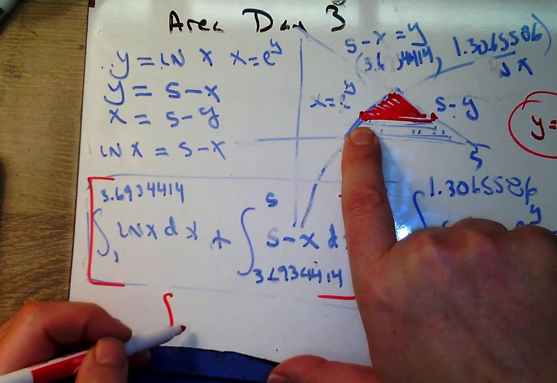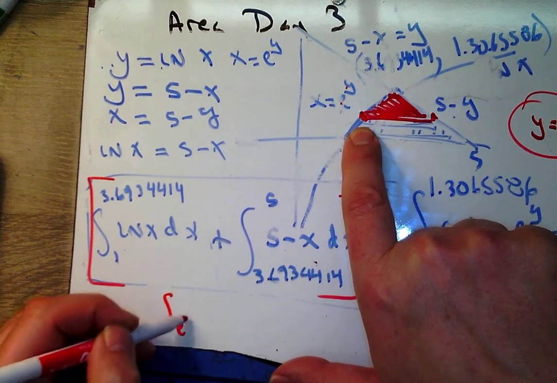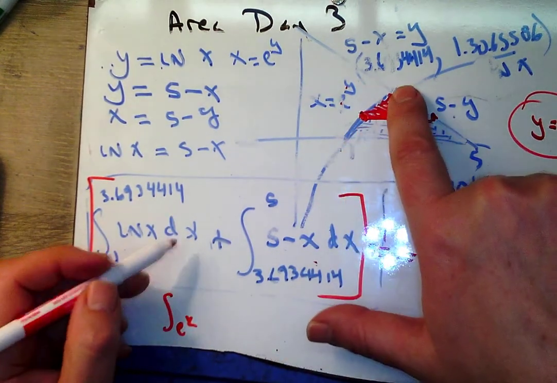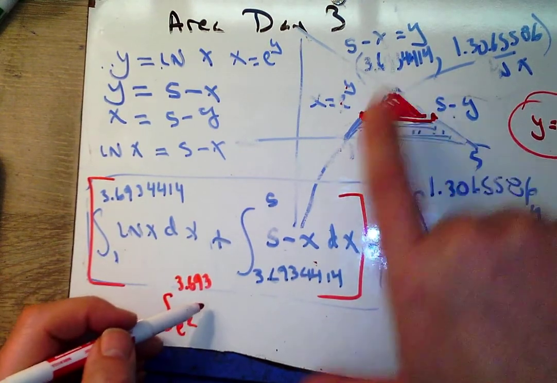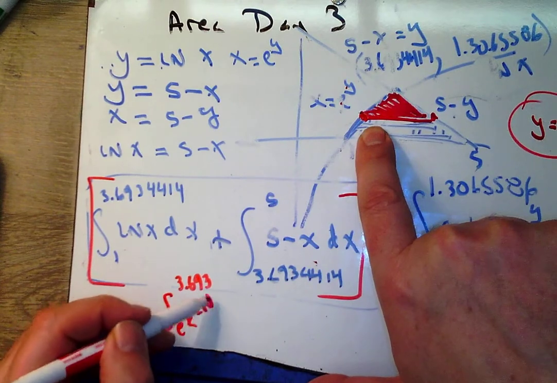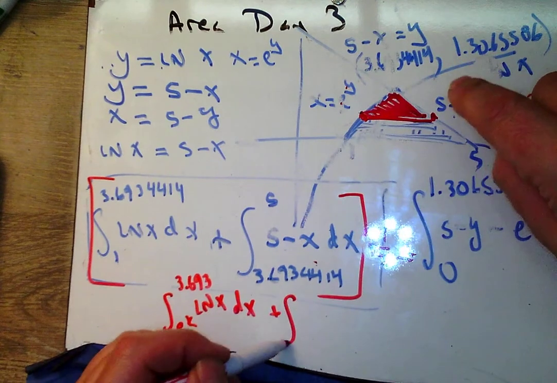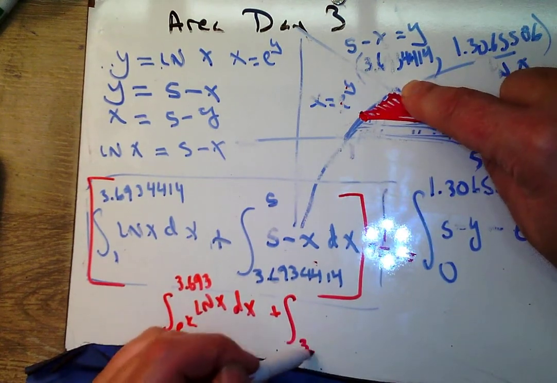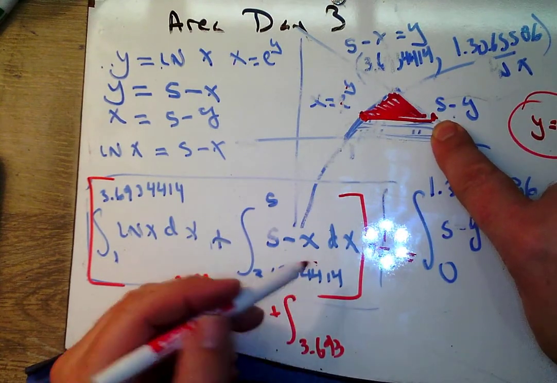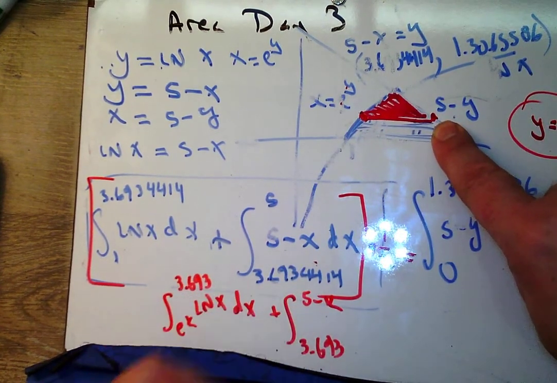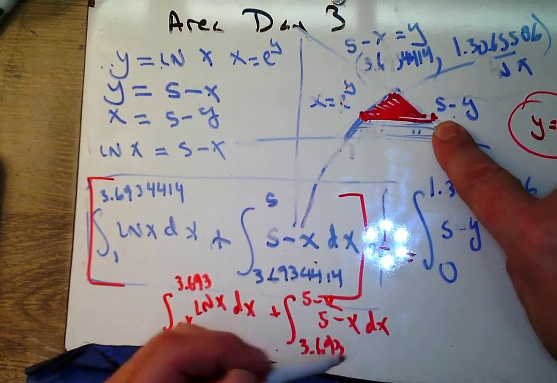So I've got e to the k to 3.693 of ln of x dx plus, from that same 3.693 place to here, which is 5 minus k, of 5 minus x dx.